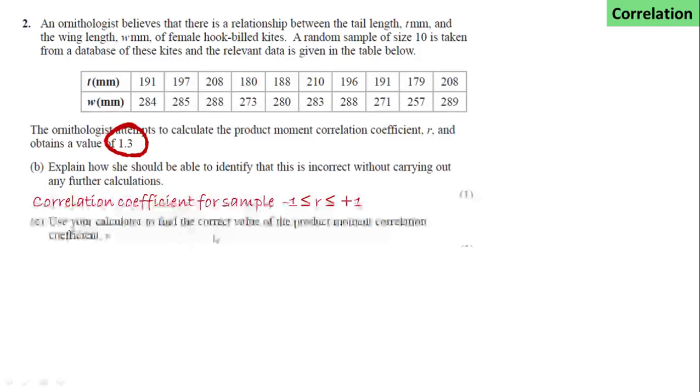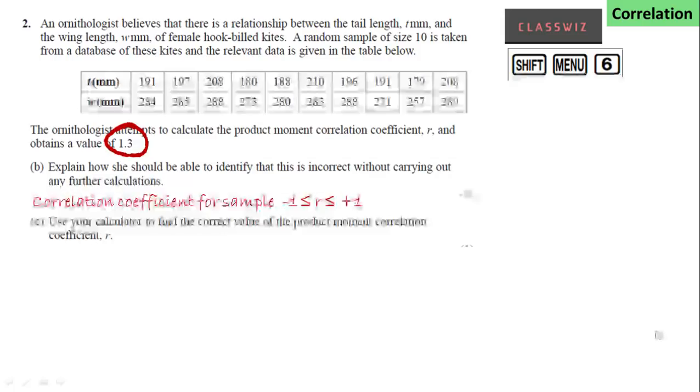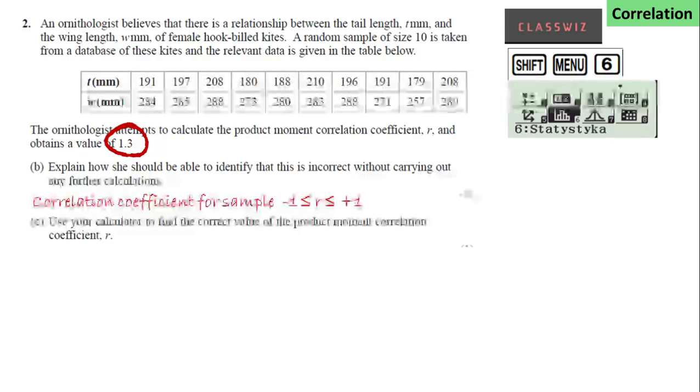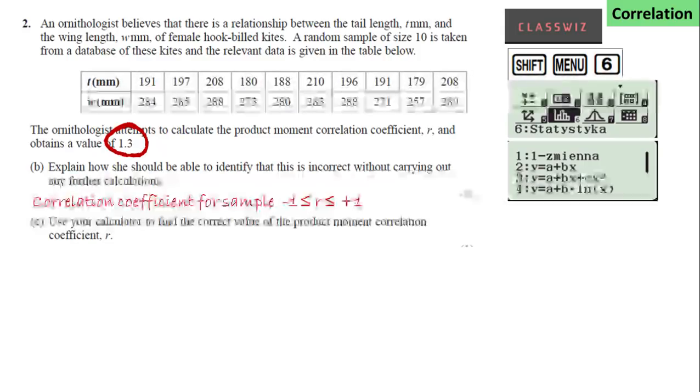We're asked to use a calculator to calculate the correct value. I'm going to do this quickly with a Casio ClassWiz. So I go Shift, Menu, Option 6 to select the Statistics option. I choose option 2, y equals a plus bx, that's my regression line.